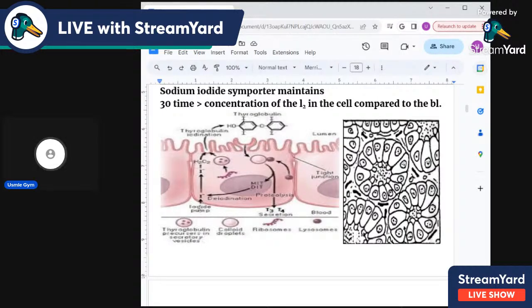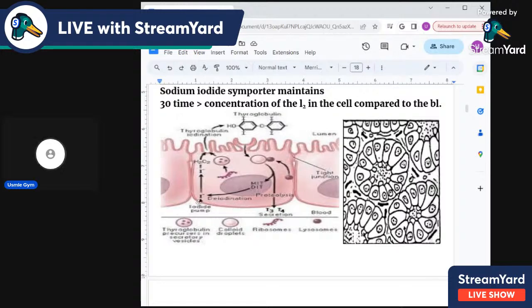So this iodide pump, the sodium iodide symporter, pulls the iodine from the blood, which is in the iodide form, sodium iodide, takes it into the cell and maintains a concentration of iodide about 30 times more than the blood. So this follicular cell has 30 times more iodine than the capillary running next to it.